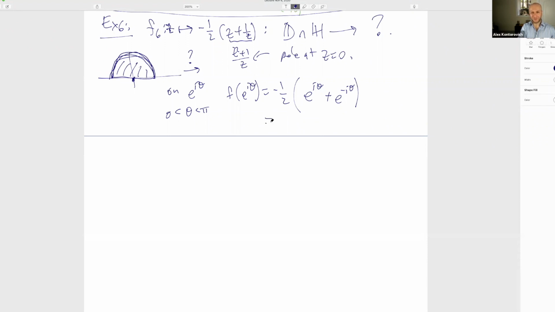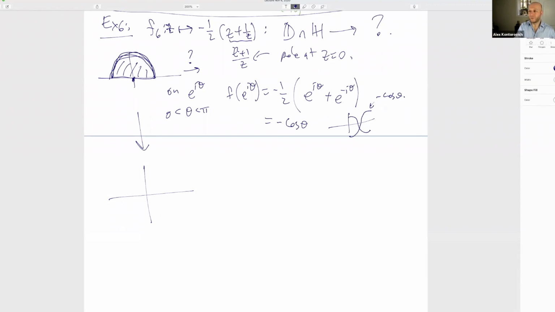So I think I'm getting negative cosine. Is that what everybody else got? So negative cosine is going to go, instead of from 1 to -1, from -1 to 1. This is negative cosine. So -1 to 1.